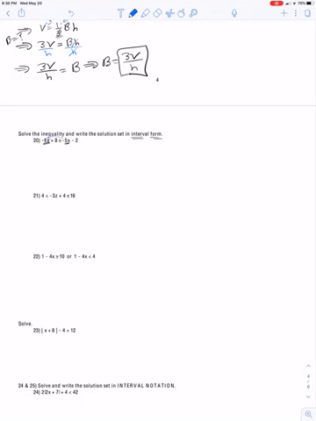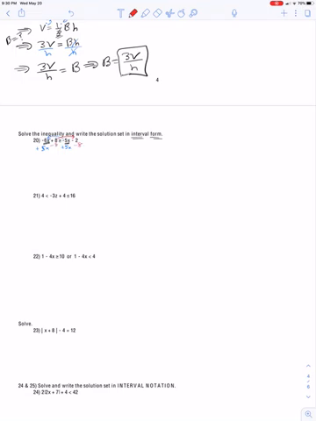So let's go ahead and get the x terms together. That would be my first step. Let's add 5x to both sides of the equation. Now again, adding or subtracting a number or a term doesn't change the inequality, it's multiplying or dividing by a negative that does. Let's also move the constant term over to the other side of the equation.